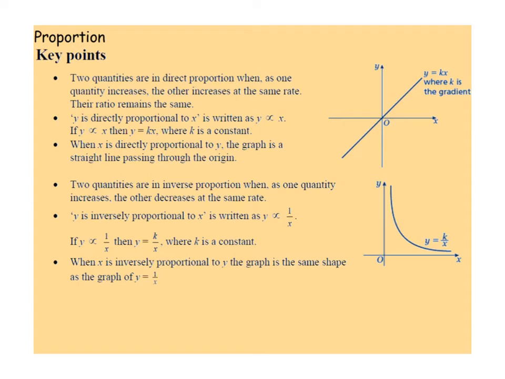It's important to realise alongside that a graph like this, or like this, would not show direct proportionality because they don't pass through the origin. And so if you double one value, you don't double the other. For example, here we've got coordinates, maybe something like 0, 5.